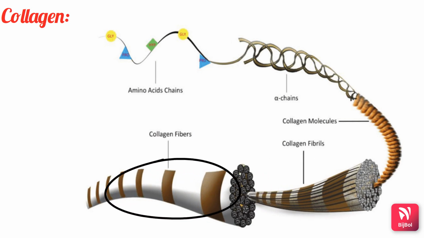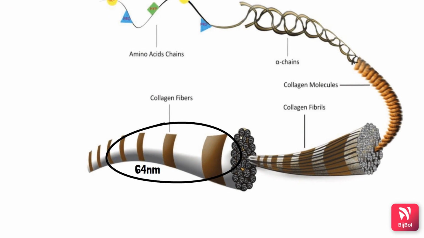This characteristic periodicity of arrangement of these collagen fibrils gives some transverse striations, as you can see in this picture. So the periodicity of each transverse striation is around 64 nanometers. So these striations are because of the overlapping arrangement of these collagen molecules.